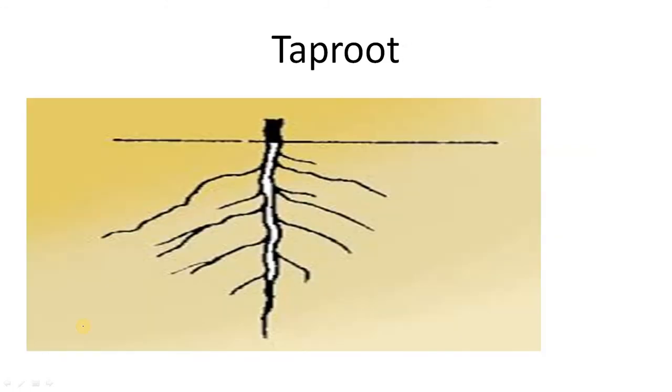See, the first thing is tap root. Tap root looks like this, as it is in the diagram shown here. So what does a tap root mean? The main root grows from the end of the stem. Imagine this is a plant, this is your ground, right? The plant has leaves, like this.